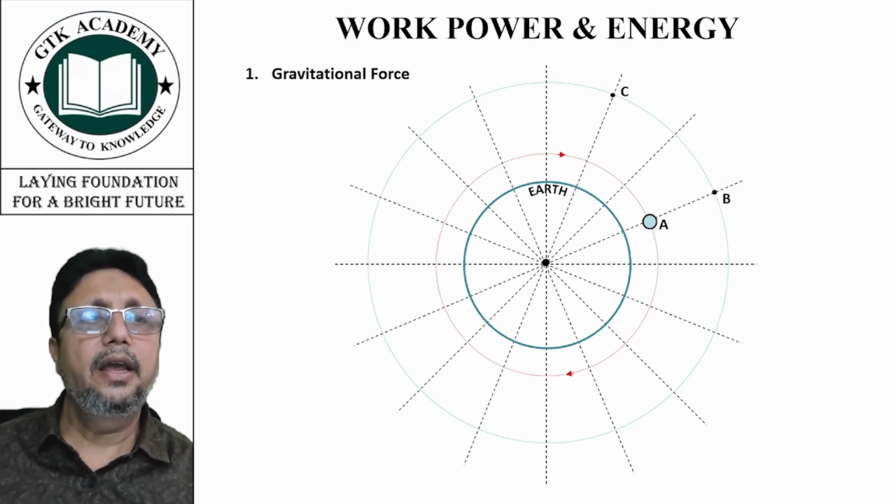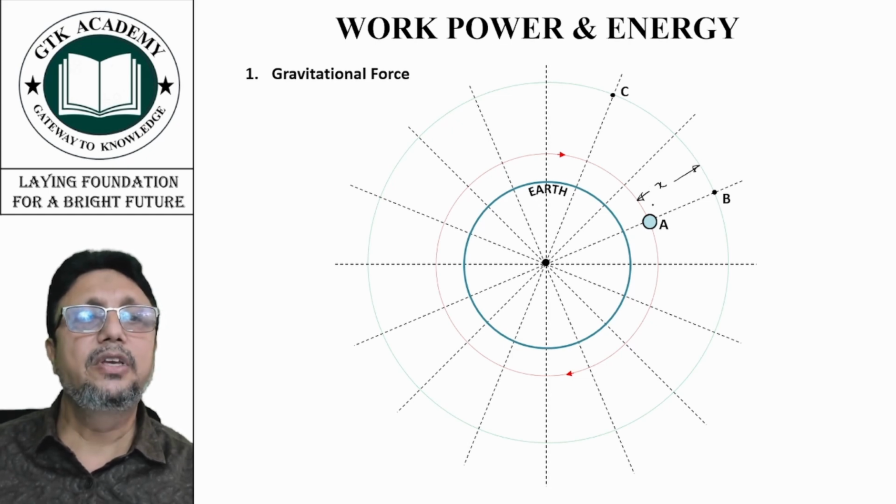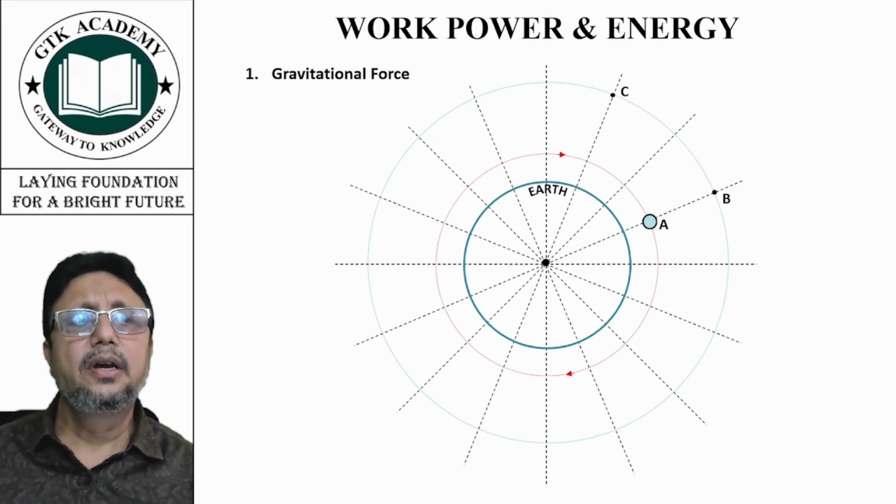But if you take the body from A to C, you have moved this much x, which is the difference in radius of these two circles. So you can take from A to C through any route. Work done by gravity will be minus mgx. I hope this is clear to you.